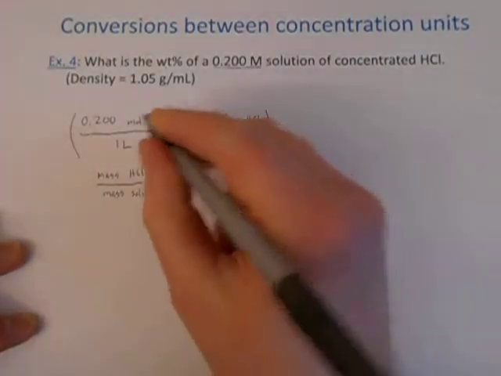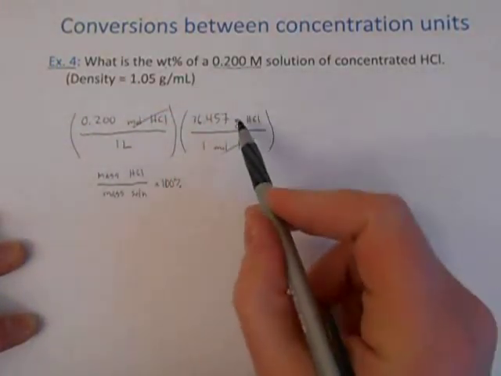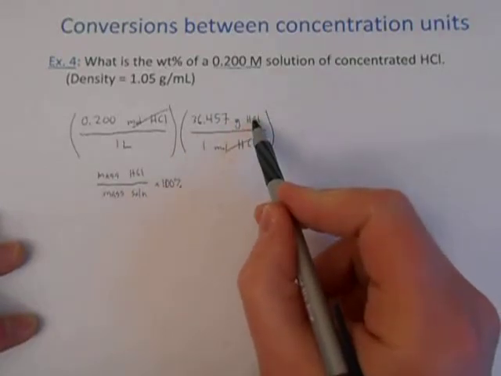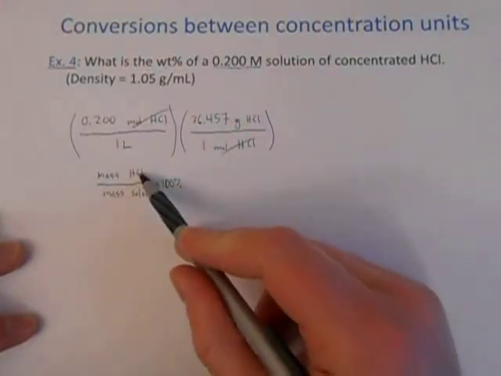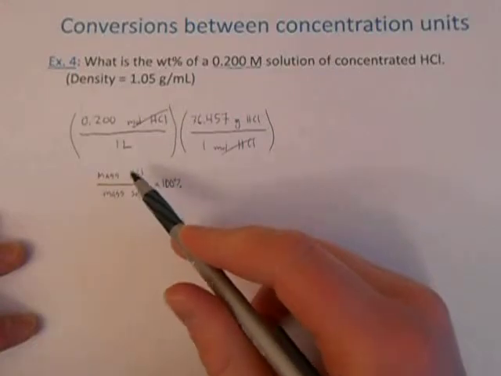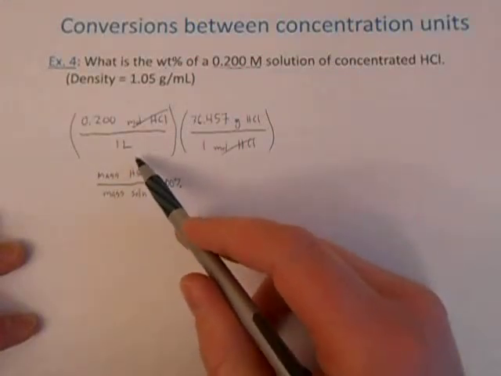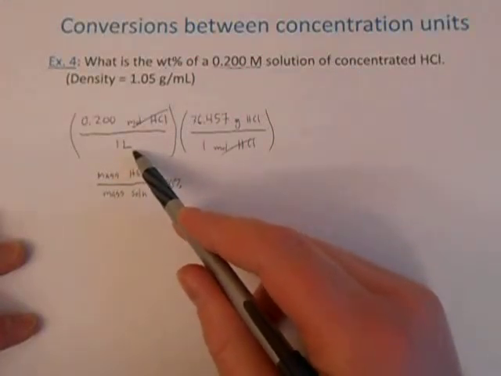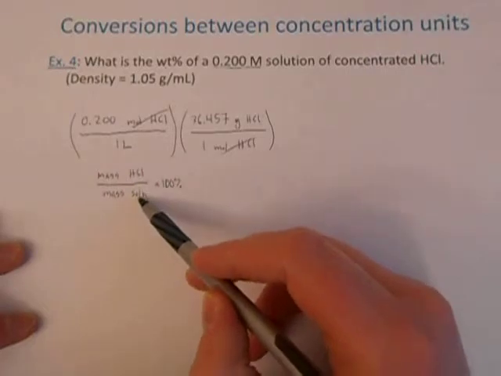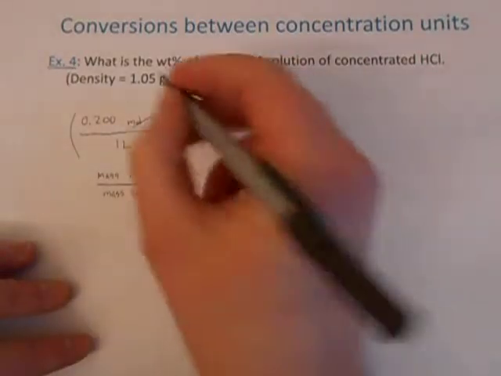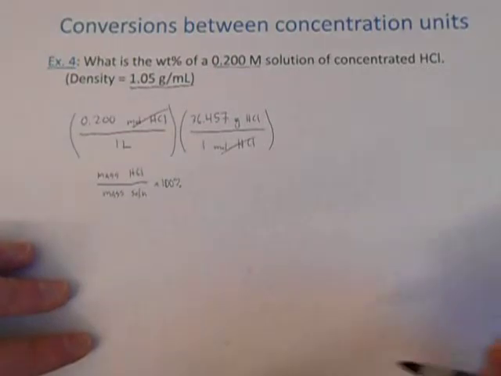So now our numerator is in the correct units that we want, mass HCl. And so lastly, we have to convert our volume of the solution into mass. And again, that conversion will always be done using our density.